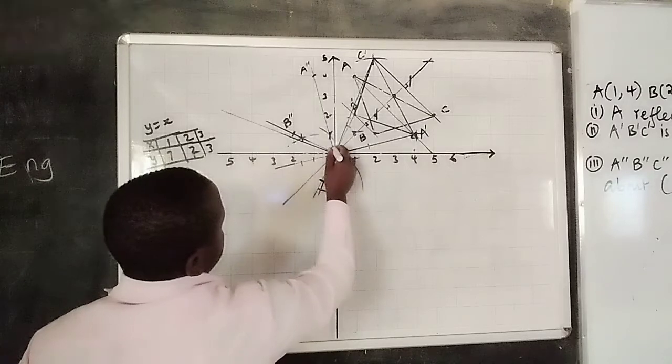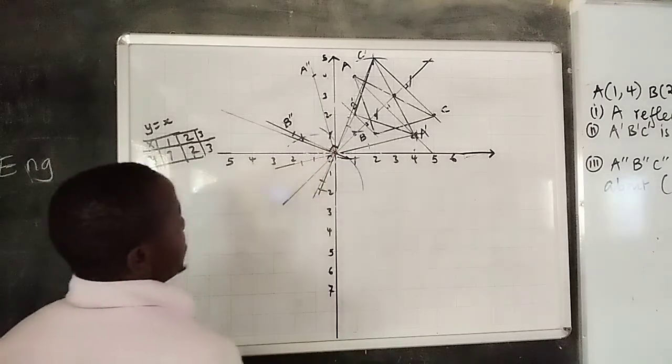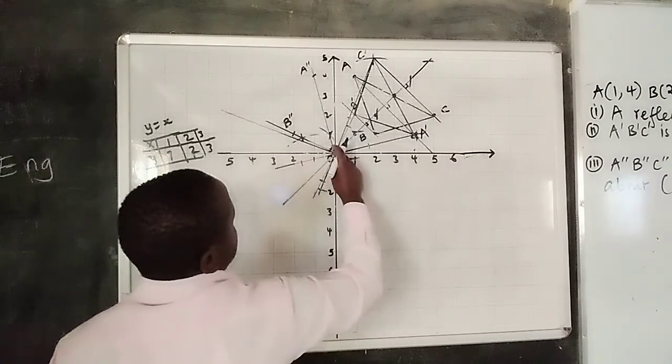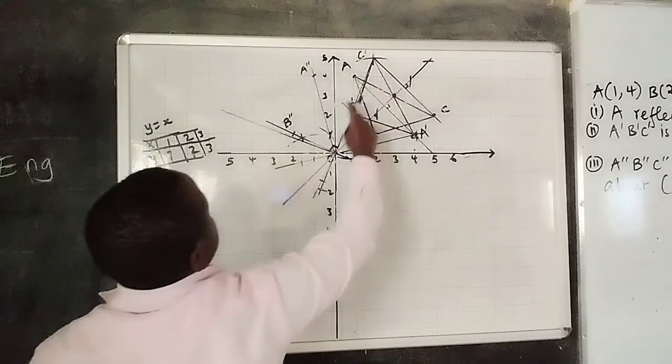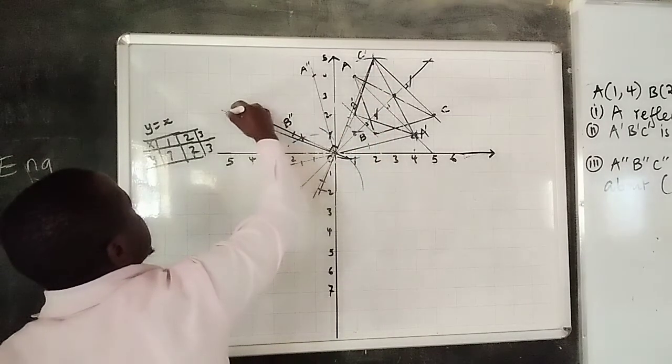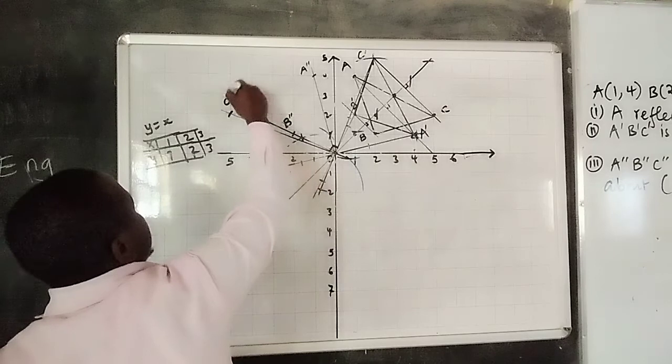Therefore you find this is 90 degrees. Therefore now from the center O to C we get an equal distance on this side, which would be here.